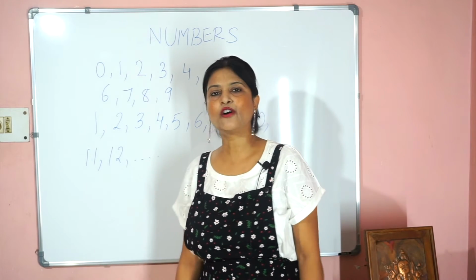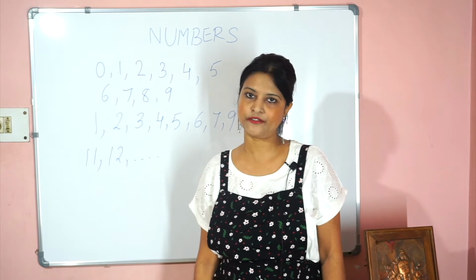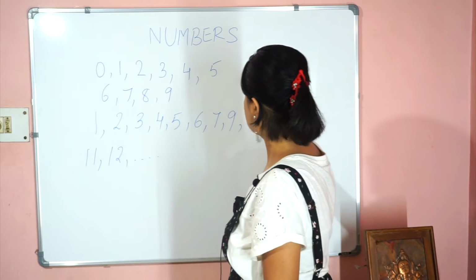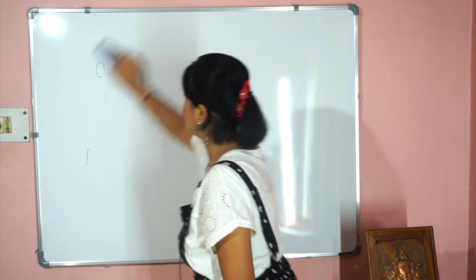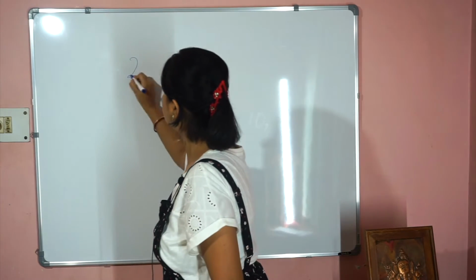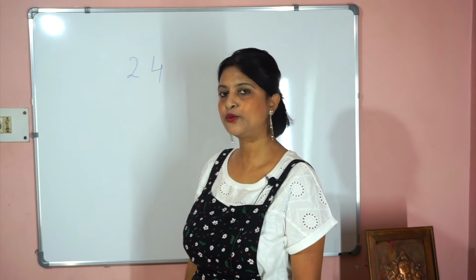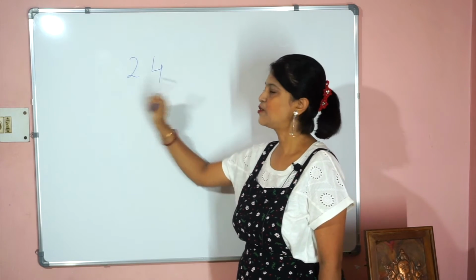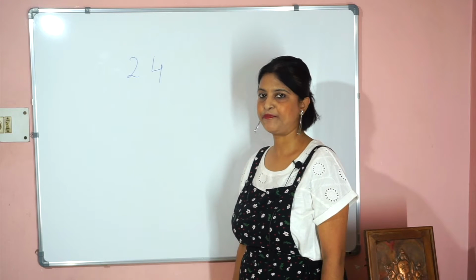Now when we talk of 2 digit numbers, we should know the position of each of the digits in the 2 digit numbers. Let me give you an example here. "24" is an example of a 2 digit number. Each of these 2 digits, that is 2 and 4, occupies a specific position.